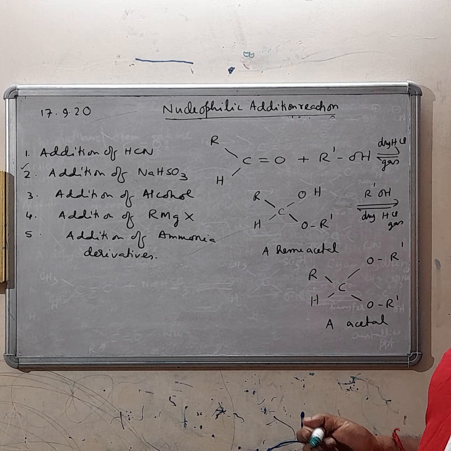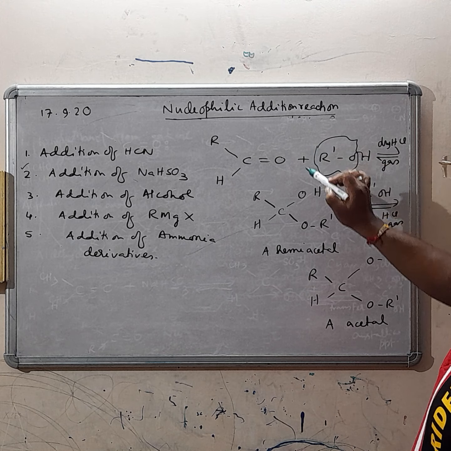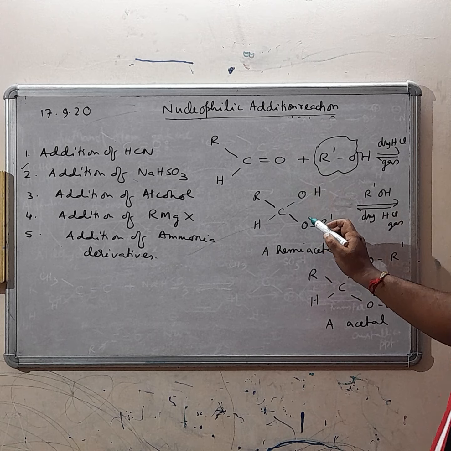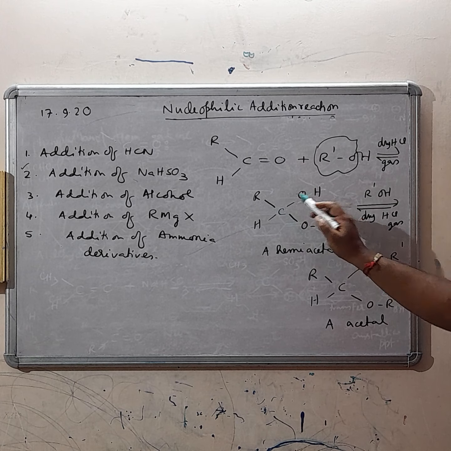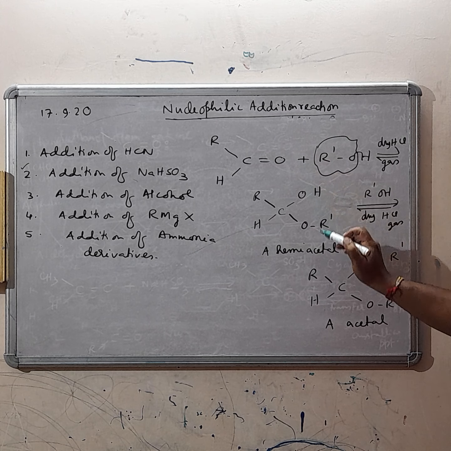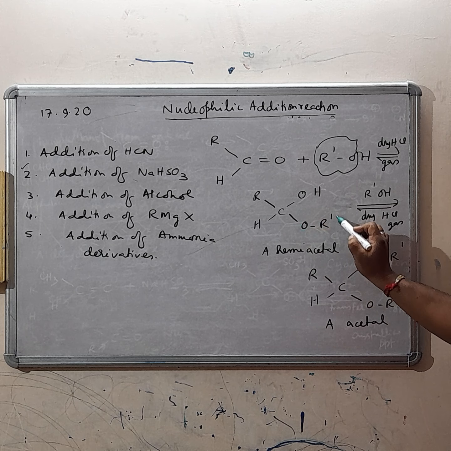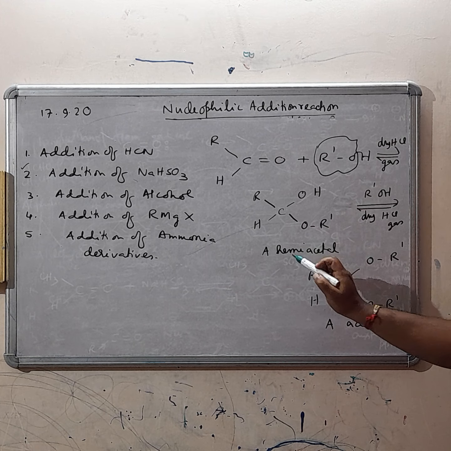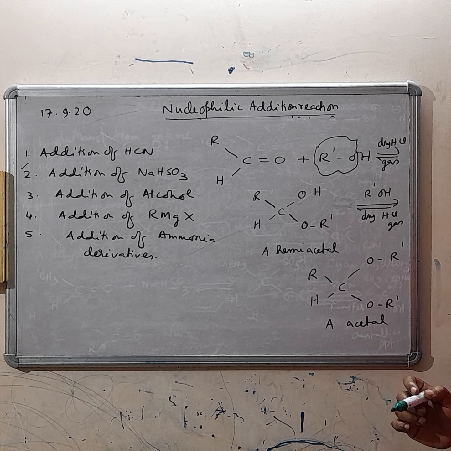And here actually what happens, this is a nucleophile that attacks, and after the attack, this thing happens. This H part gets attached to O minus, and you see this is an ethyl functional group formed, and this product is called a hemiacetal.